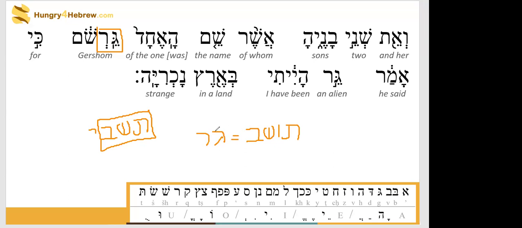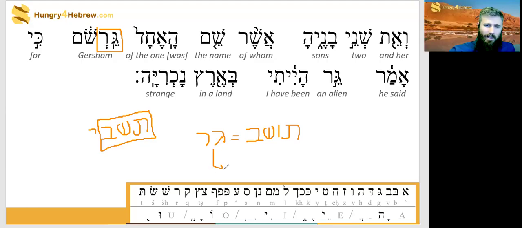Interesting. Now, the word ger did have quite a shift in meaning over time. The word ger originally meant sojourner in the sense that you're not from this area, you moved here, and now you live here permanently. Greek translated it as anybody?